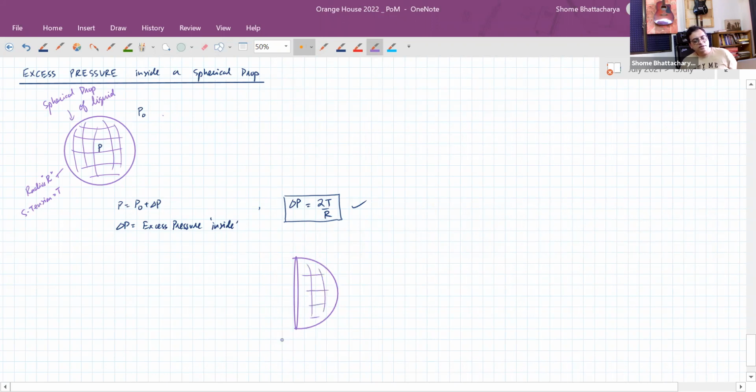So this is like a free body diagram of hemispherical shell shaped surface. So what is happening is that this hemispherical shell shaped surface is experiencing forces like this because of surface tension.